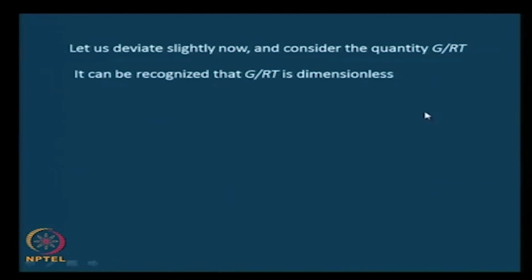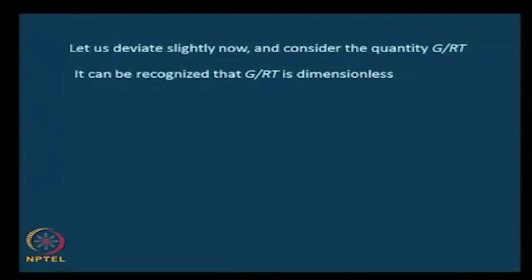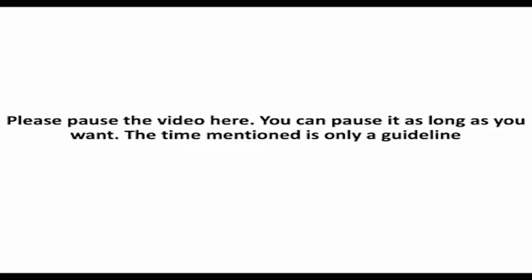Please work out the dimensions of G by RT. If you need, you can go back to your notes, find out what the dimensions of G, R and T are, and then work out the dimensions. Take about 3 minutes to do it and convince yourself that it is dimensionless.